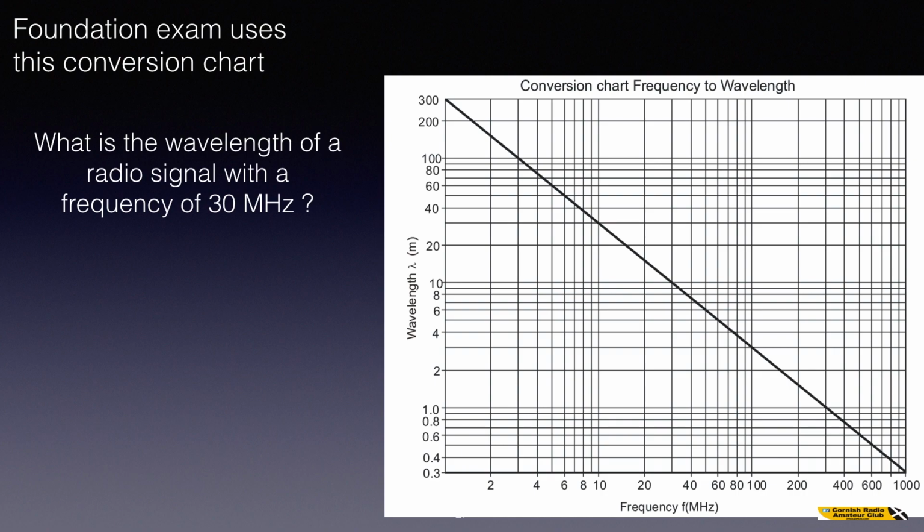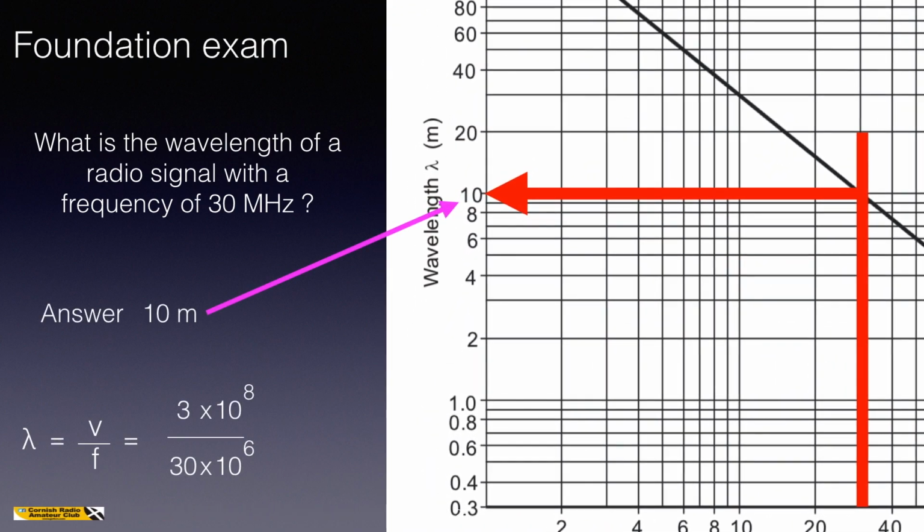Well, we simply locate 30 on the bottom axis, there it is between 20 and 40, and draw a line up vertically to intersect with the plot. And at that intersection point, we then draw a line over to the wavelength axis, and it arrives at 10. So you can see then the answer is 10 meters.